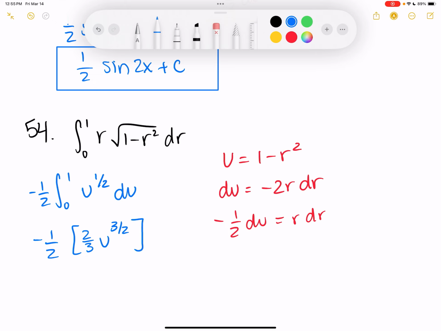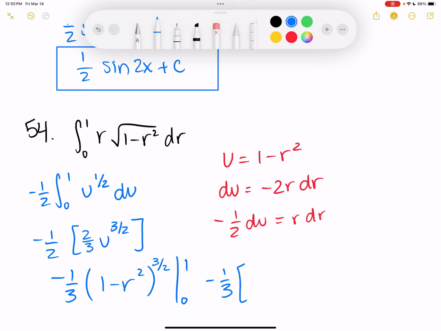Since it's a definite integral, I don't need plus c anymore, because it's just going to disappear in the end. So now this is going to be negative 1/3. I'm going to replace u here so I don't have to write it again: 1 minus r squared raised to the 3/2 evaluated from 0 to 1. I'm going to keep that negative 1/3 out front and then evaluate at 1.